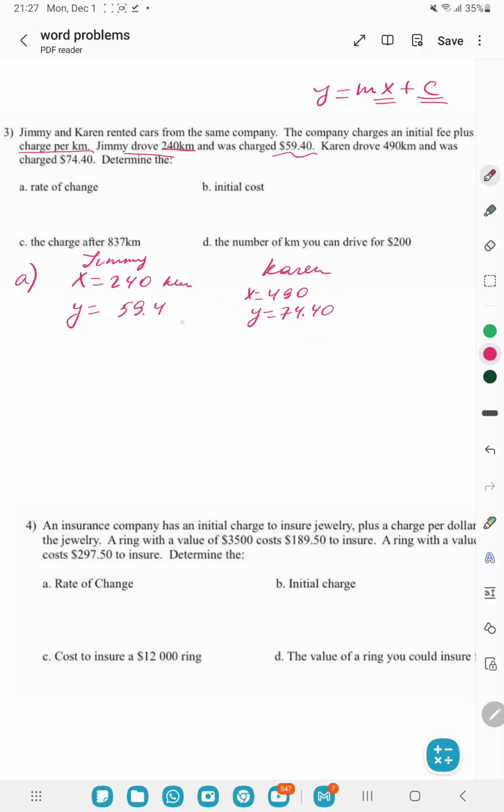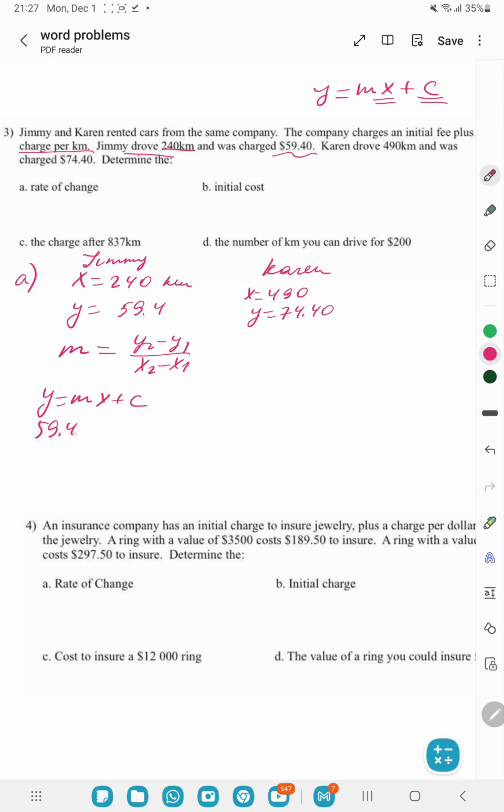It's not like one pays more per kilometer than the other. They pay equally. That's why we can write the function y equals mx plus c. You can find m with the formula y2 minus y1 over x2 minus x1, or just by saying y equals mx plus c.